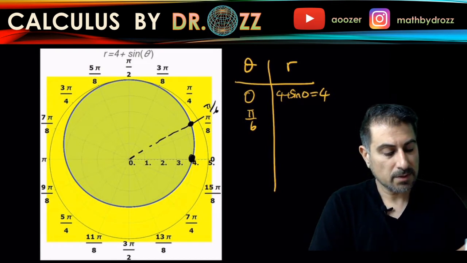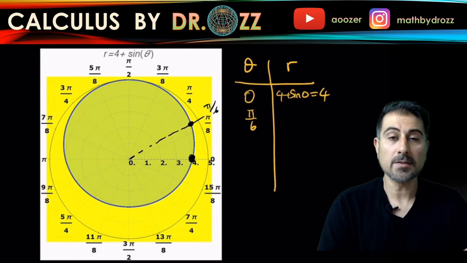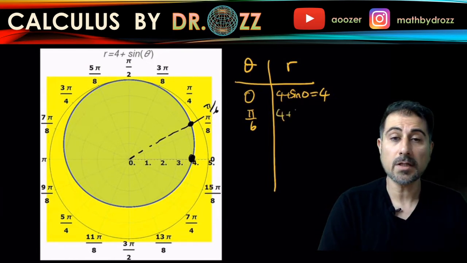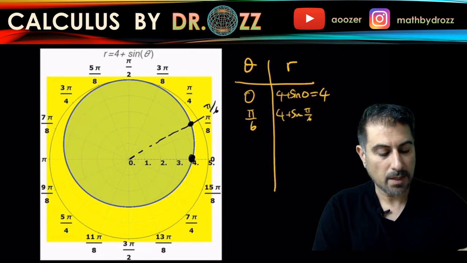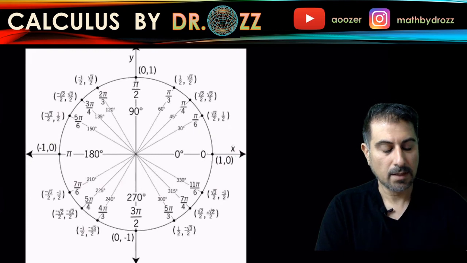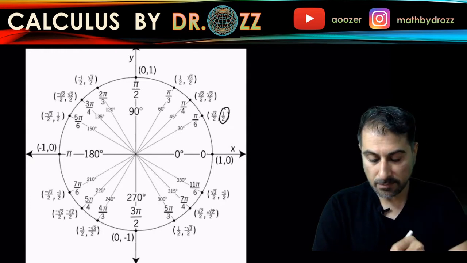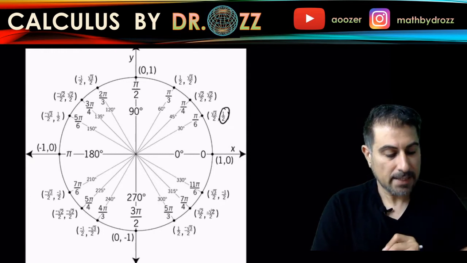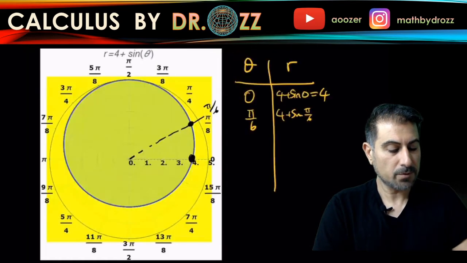So for 4 plus sine pi over 6, look at the unit circle I provided earlier. I need sine pi over 6. Sine is the y-coordinate of the point corresponding to pi over 6 on the unit circle, and that's 1/2.